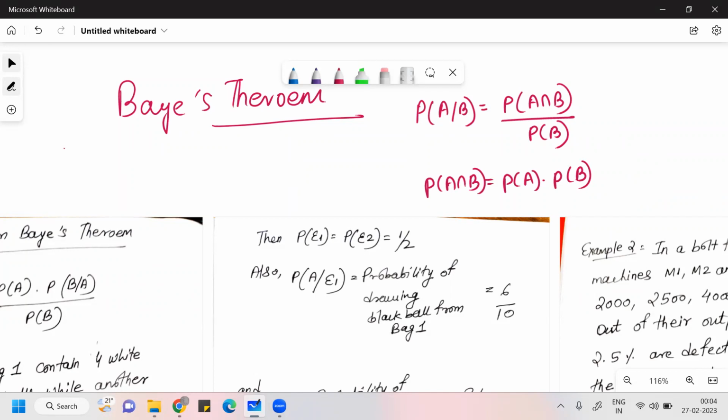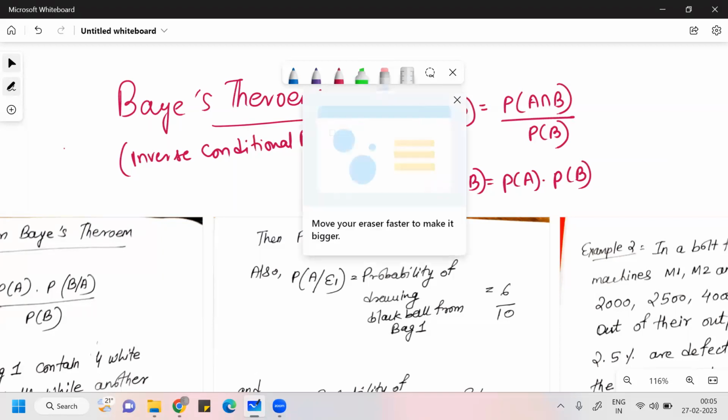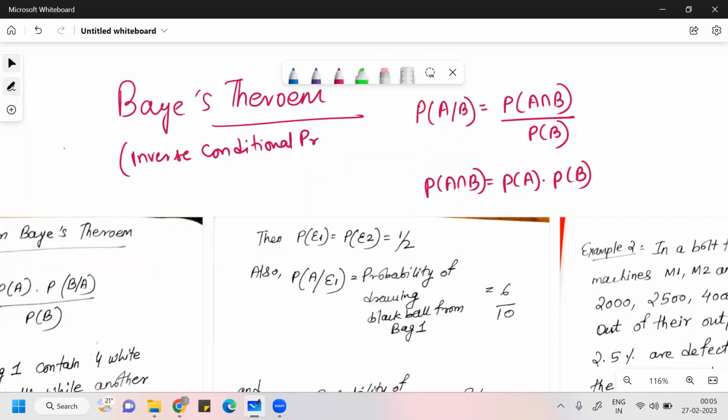Bayes theorem works on inverse conditional probability. When you see the numericals, you'll understand.